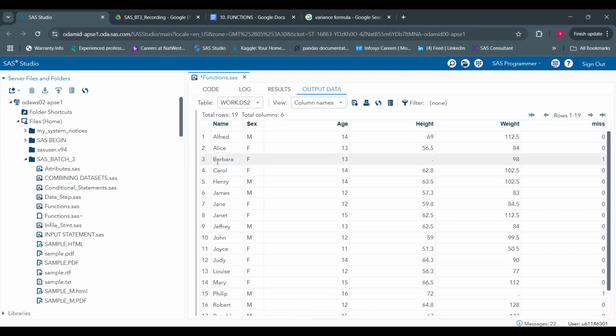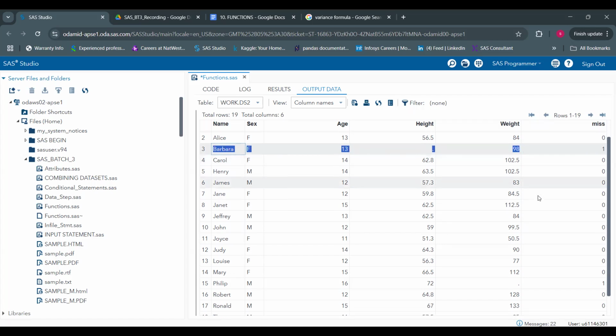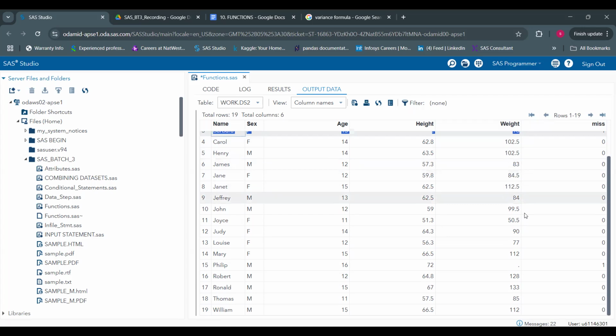It checks this entire row and counts. Now count how many missing values are there across the Barbara row. One. And again we don't have any missing values here, and at Philip we have only one. Eventually we get one as a count.